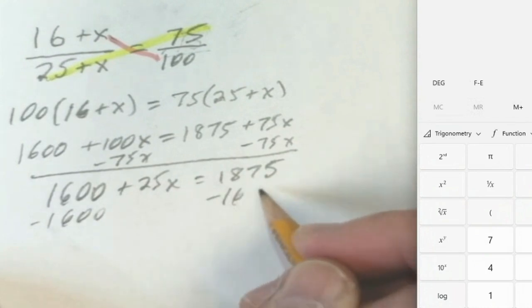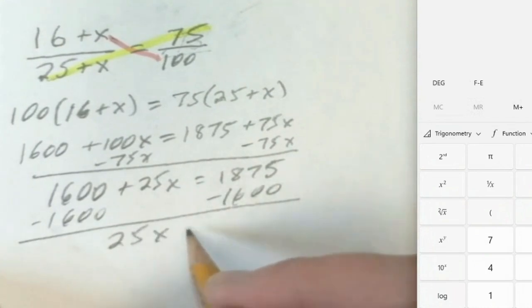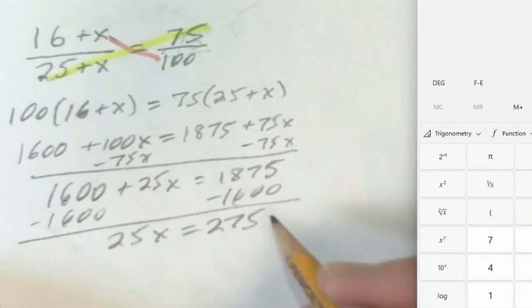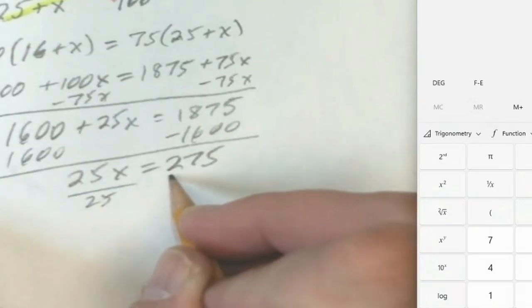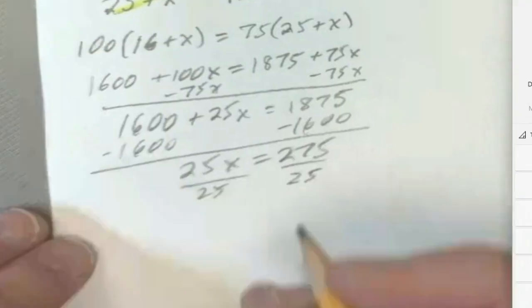Subtract 1600. 1875 minus 1600. Now all I have to do is divide. 275 divided by 25 is 11.